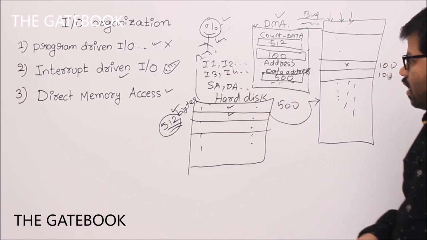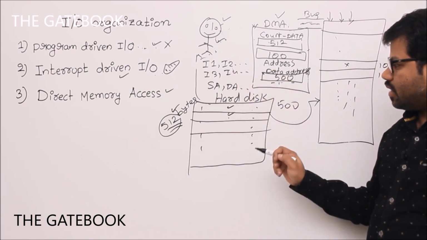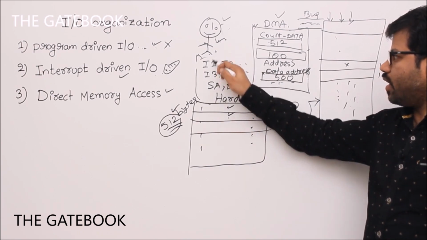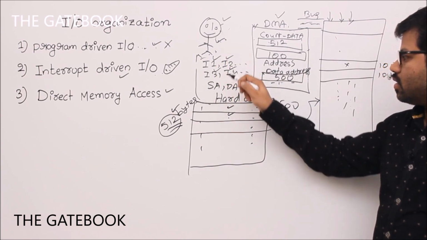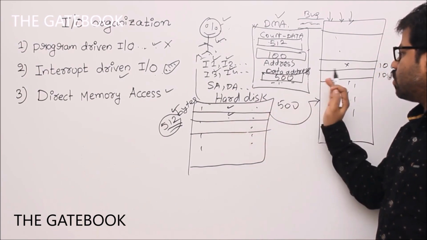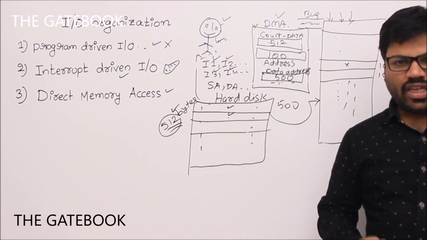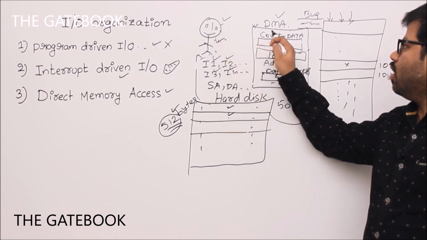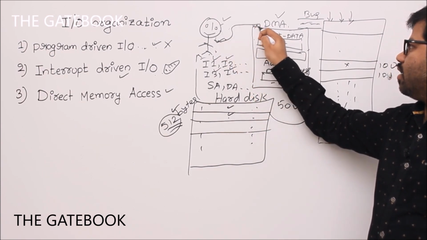What I want to say is, when the CPU is executing any instruction and suddenly there is a data transfer requirement between hard disk and main memory, for whatever reason, then the CPU will initiate the action.